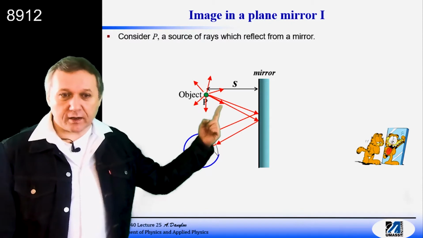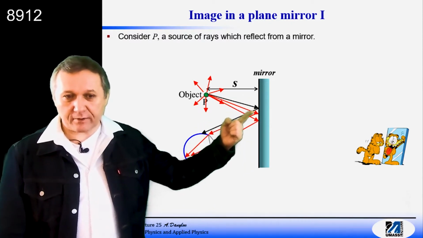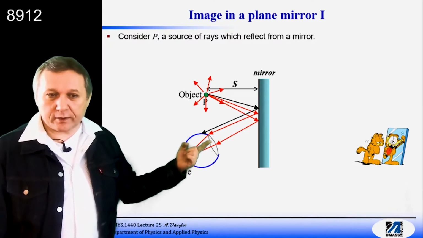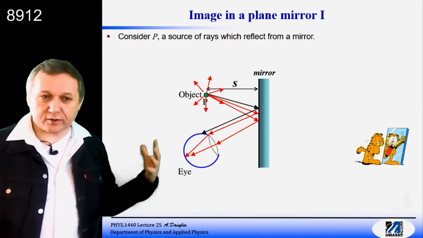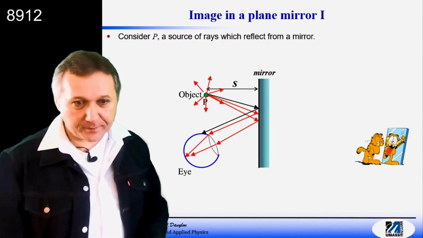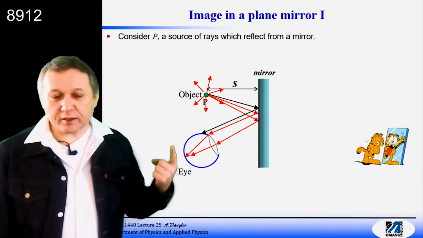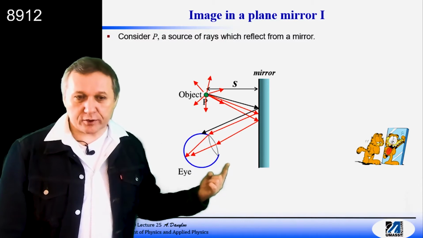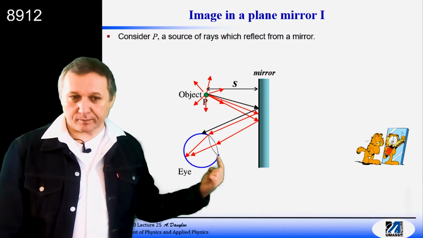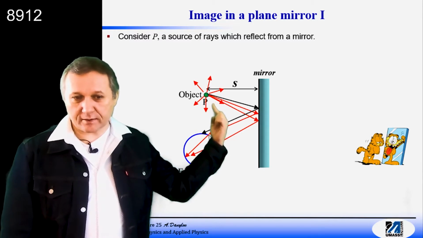If I take this ray, you see, after reflection, it's not going to hit our lens, and it is not going to contribute anything to the image formation in our eye. Now let me add one more ray, which is going to hit the lens here at the bottom. Let's assume it's this ray.